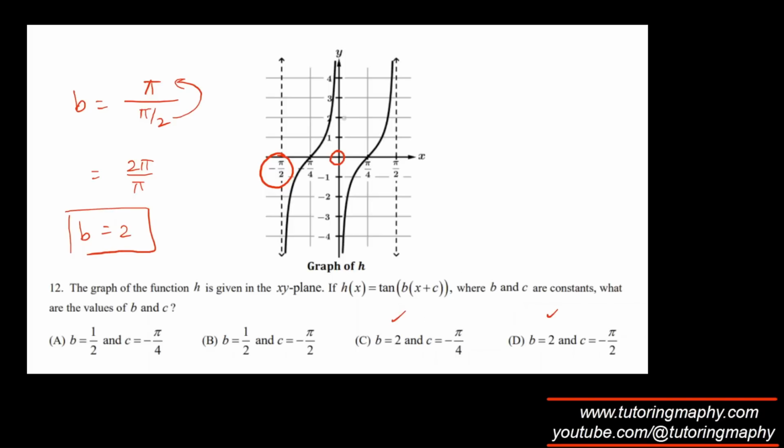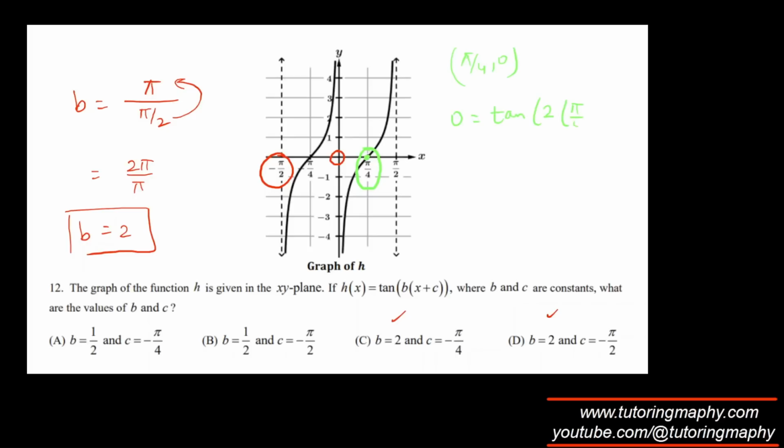Now you can honestly put any number and figure that out, right? So you can probably put pi over 4 and see what is the value of C. So we are going to put pi over 4 comma 0, replacing h with 0. Tan is just tan. B we got as 2.